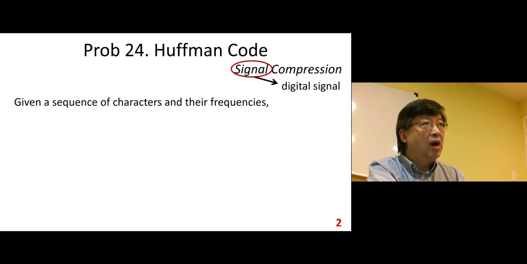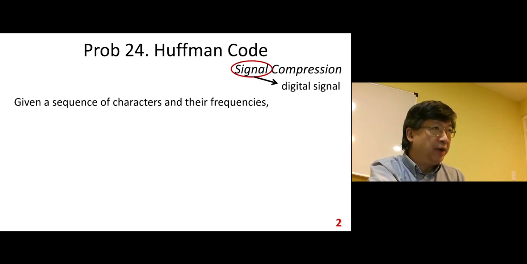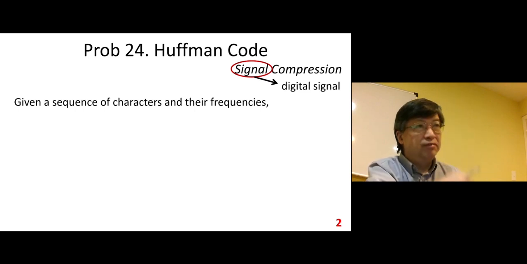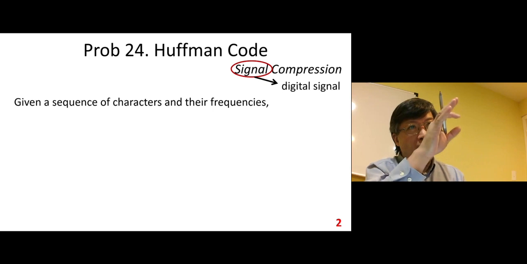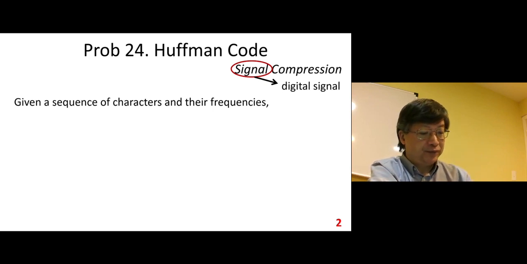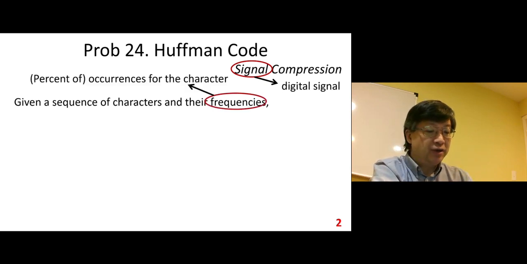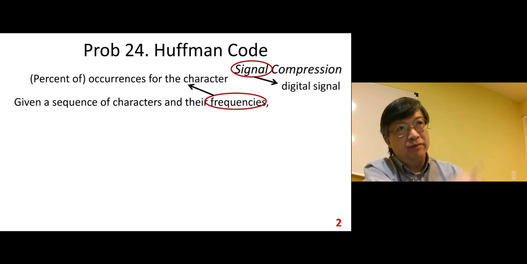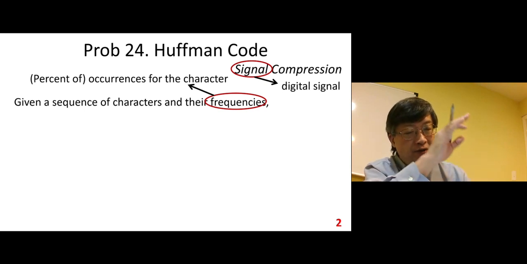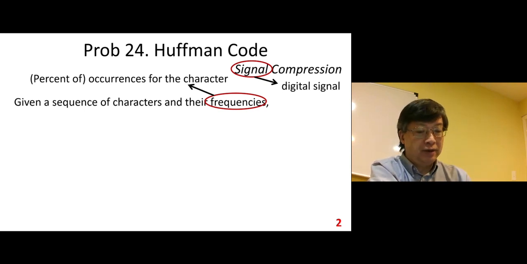But the occurrence of each character, the percentage of the occurrences, is different. We call that frequencies. So frequency is the percent of the occurrences for each character.